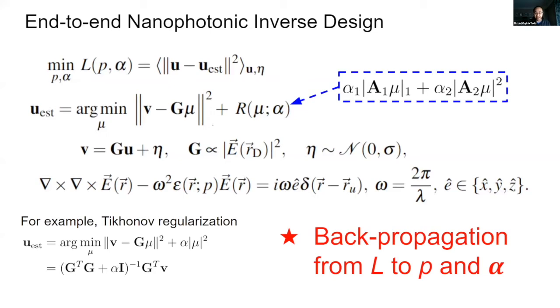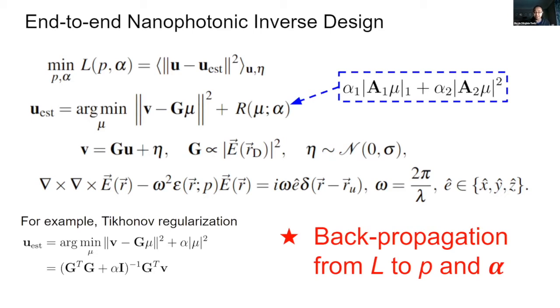Here, the key ingredient is this G, what we call the measurement matrix, which is nothing but the intensity pattern on your CCD sensor in response to test sources. You want to test this point source with this wavelength and this polarization, and see what kind of pattern it gives on the sensor.